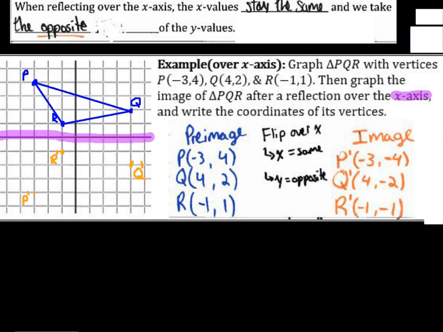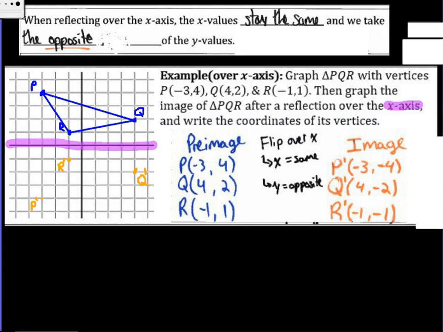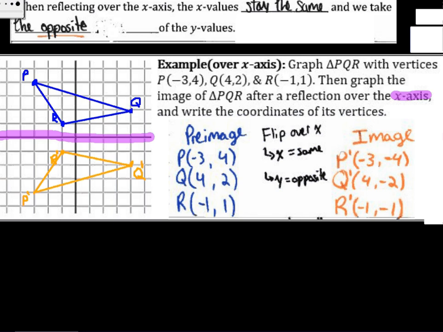So now that I have these points plotted, I can connect them to show the shape, which is a triangle. I connect these points like such. The key idea, if you ever need to check to make sure you're doing that right, is to see how far away each of those points is from the axis.